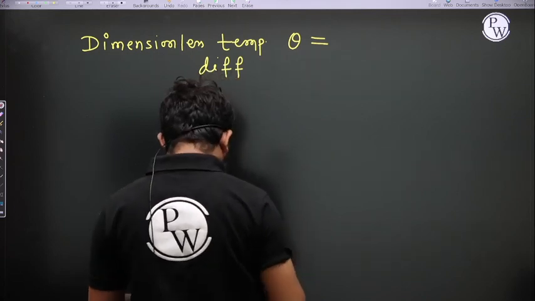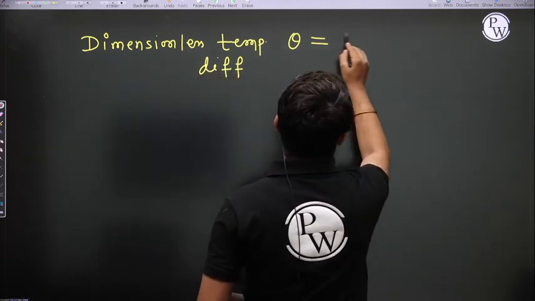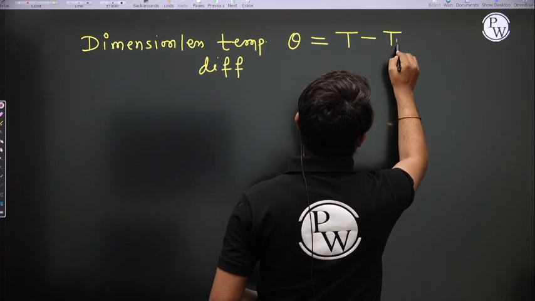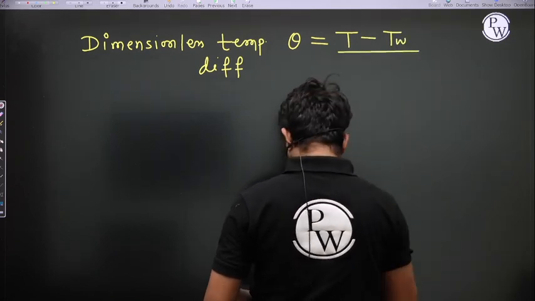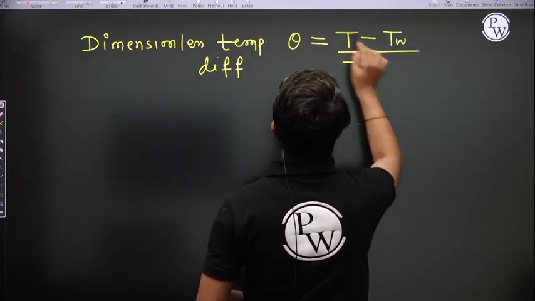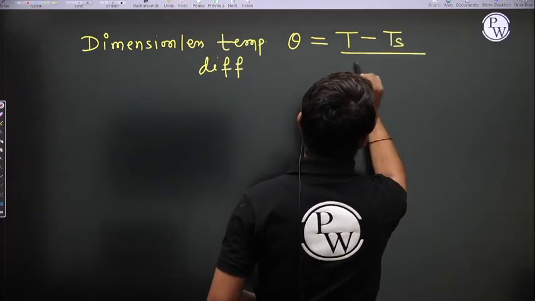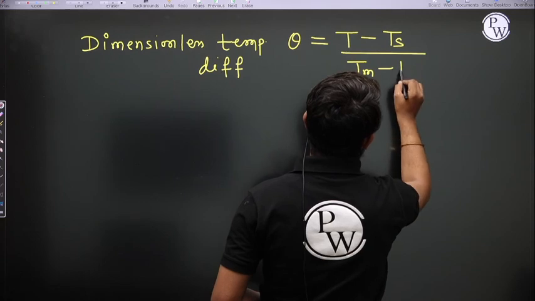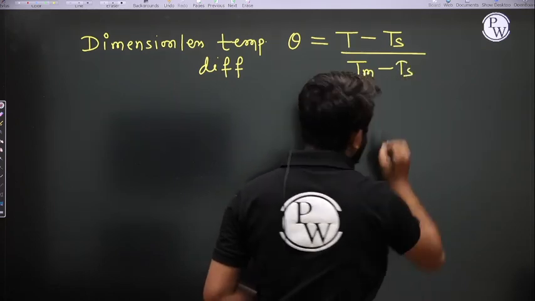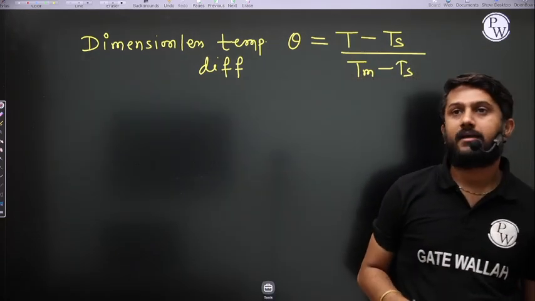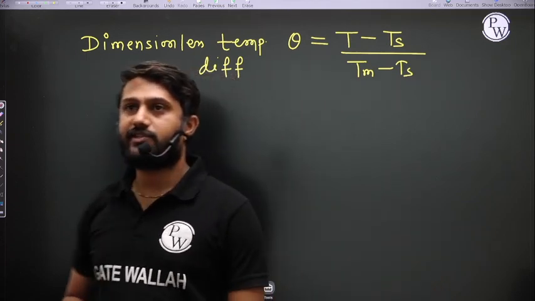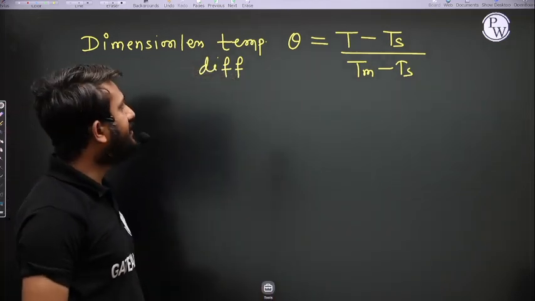This theta is equal to (T minus Ts) upon (Tm minus Ts), because the surface temperature is Ts.